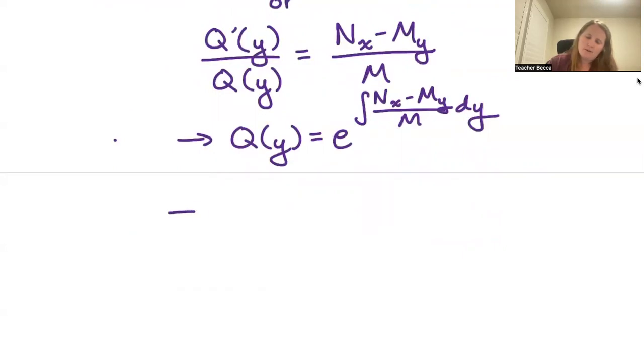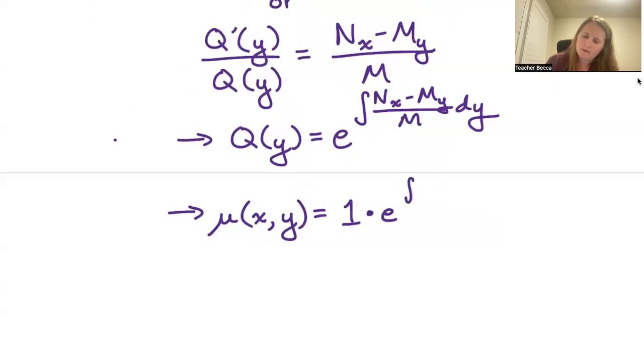And so this means that our mu of xy is equal to p of x here is 1, times e to the integral of nx minus my over m dy.